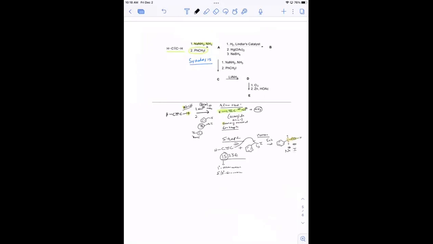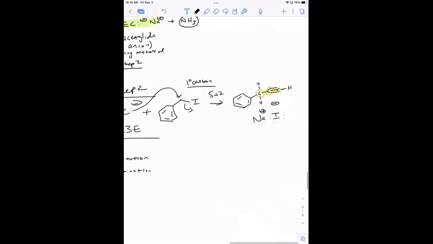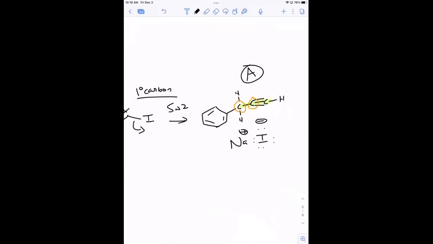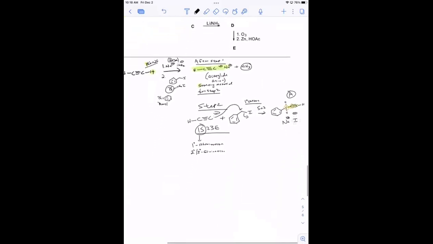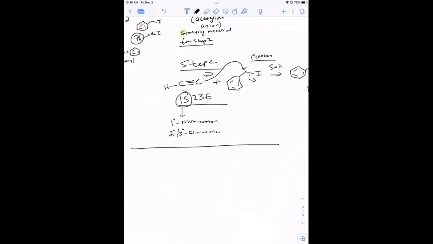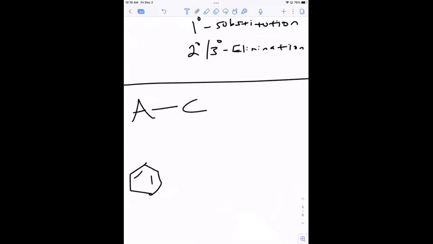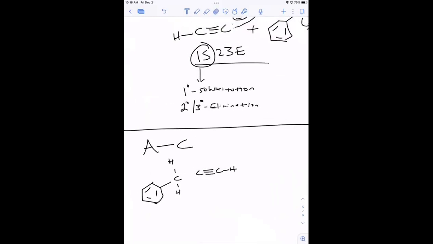All right, let's go. Let's do from A. So this is A. Now let's go down and do from A to C. So it's going to be A, which is this. That's what A is.